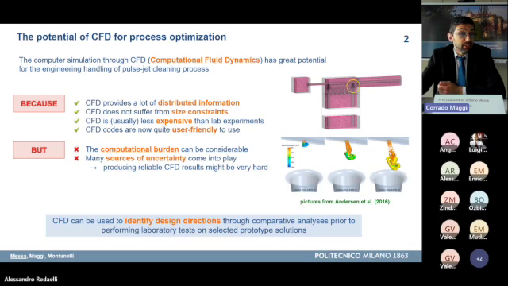Then, generally speaking, CFD is less expensive than laboratory testing, but clearly the high cost of purchasing the licenses of commercial CFD code must always be borne in mind.